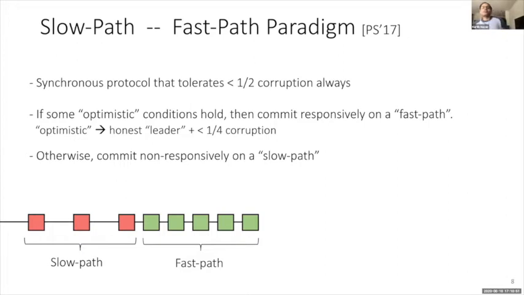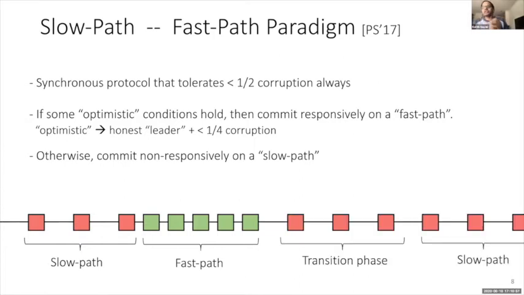And if the optimistic conditions stop holding at some point, they will move back to the slow path through an intermediate transition phase. In this world, when replicas are in the slow path, all of them are in the slow path, and when they move to the fast path, all of them move together. So they all agree on the path before committing using that rule.